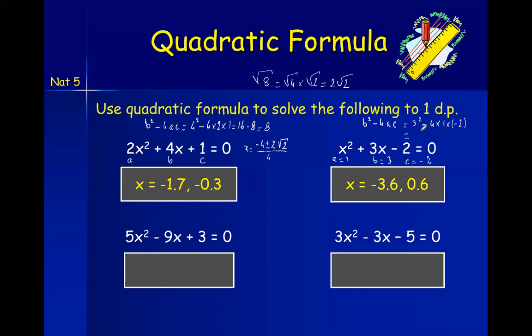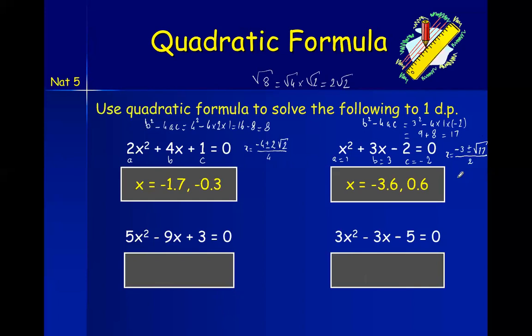So that is 9 plus 8, which is 17. So my answer should be x equals minus b, so negative 3, plus and minus root 17, over 2a, which is just over 2.